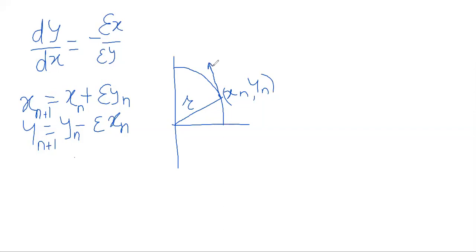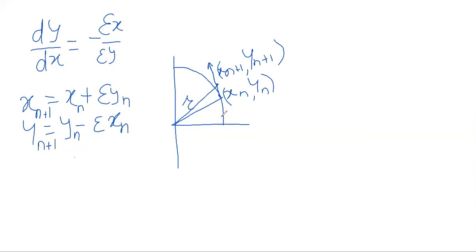Then for the next point we draw, if you observe, some error gets added, but this error is negligible basically. This is the next point, xn plus 1, yn plus 1, somewhere which is somewhat more than the r value.